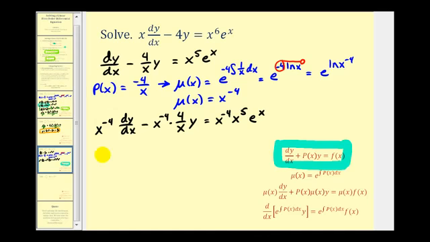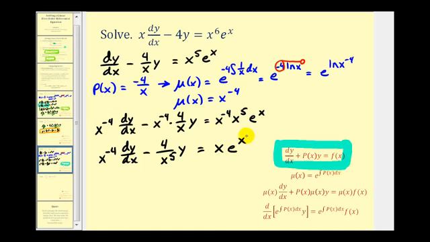Let's go ahead and simplify this. x to the negative 4 dy dx minus, now here if we move this down to the denominator, it would be x to the fourth. So we'll have 4 all over x to the positive fifth times y must equal, here we'll add the exponents because we're multiplying. That would just be x e to the x.